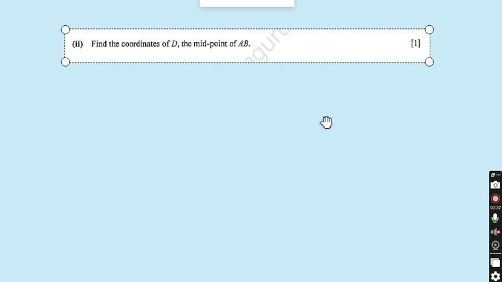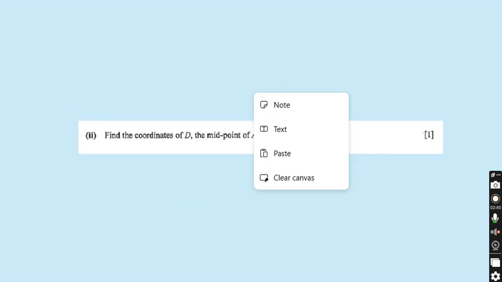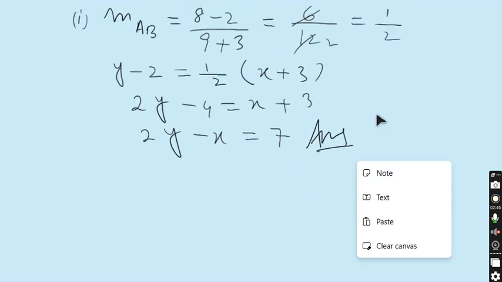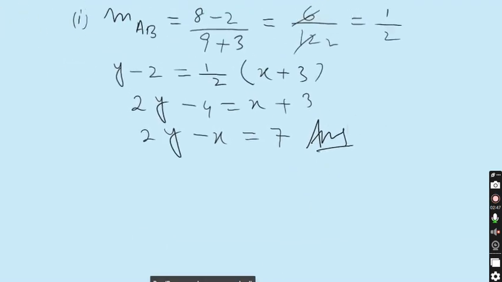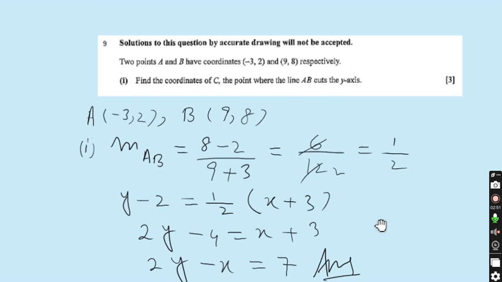Sorry, I forgot something. Sorry for this. Students, the question is to find the coordinate of C, the point where the line AB cuts the y-axis.